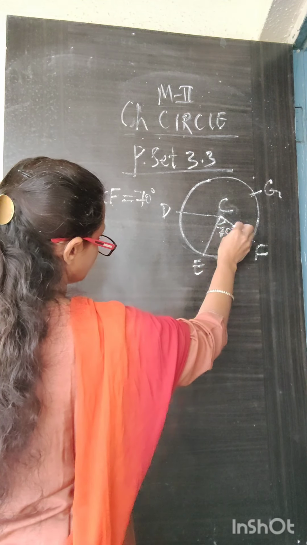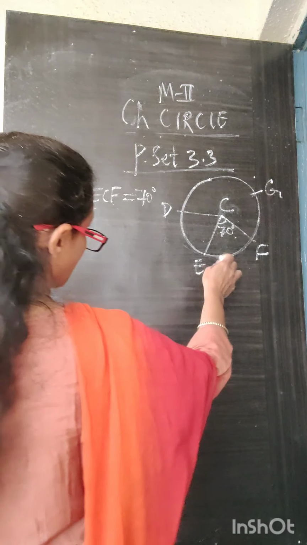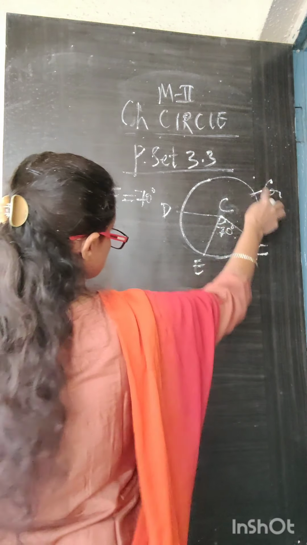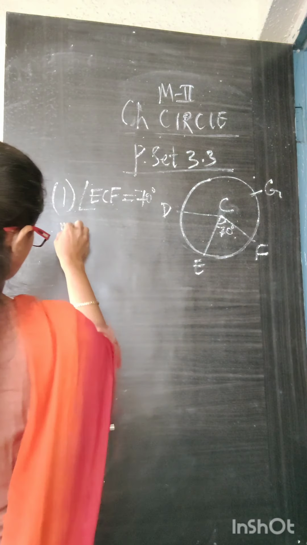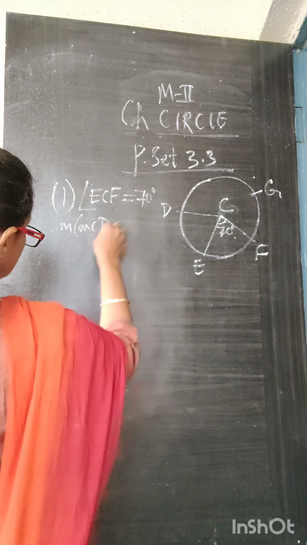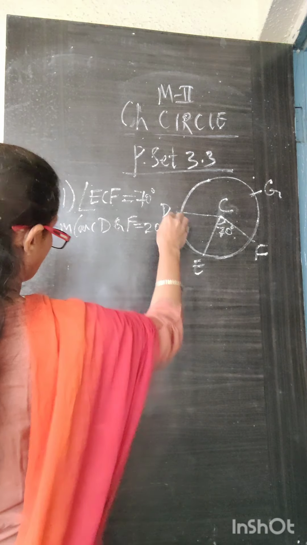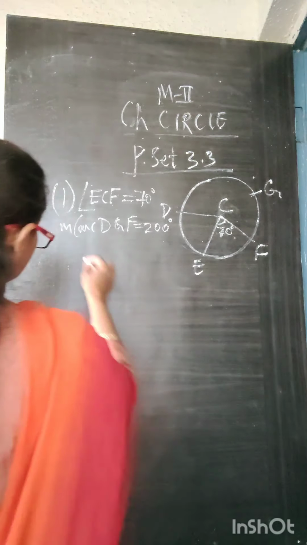And what else is given? What is the other measure they have given us? Measure of arc DGF. This arc is how much? Measure of arc DGF is given as 200 degrees. Okay. So what do we have to find?